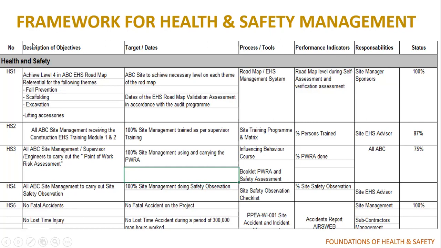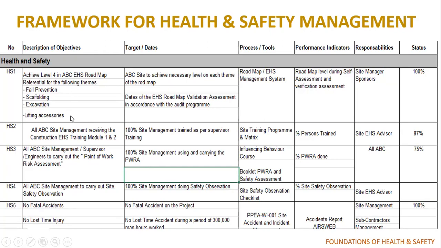So the first column is the description of the objectives. For example, we can see the fall prevention, scaffolding, excavation, lifting accessories.